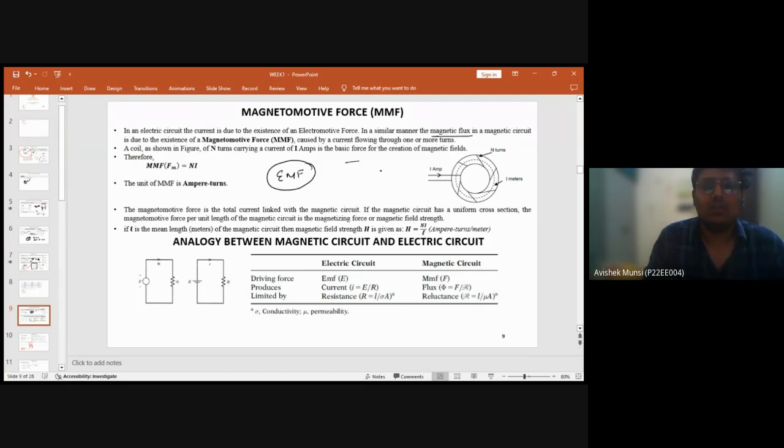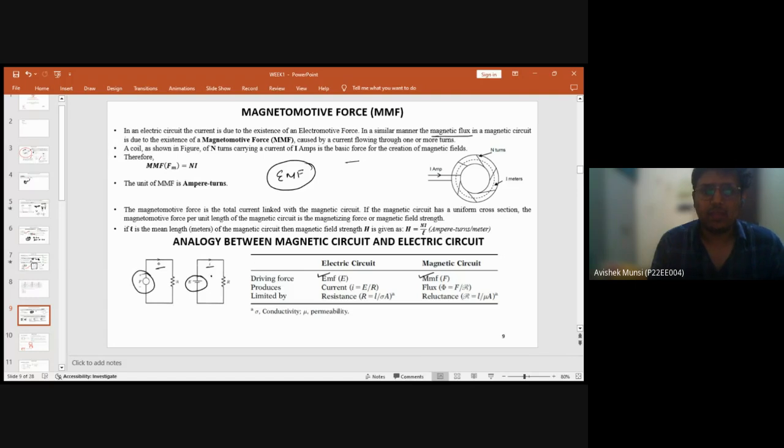Fine. So if you go through an analogy of a magnetic circuit with an electrical circuit, you can see that in a magnetic circuit, the driving force is MMF. In an electrical circuit, it is EMF, right? And current is analogous to the magnetic flux.